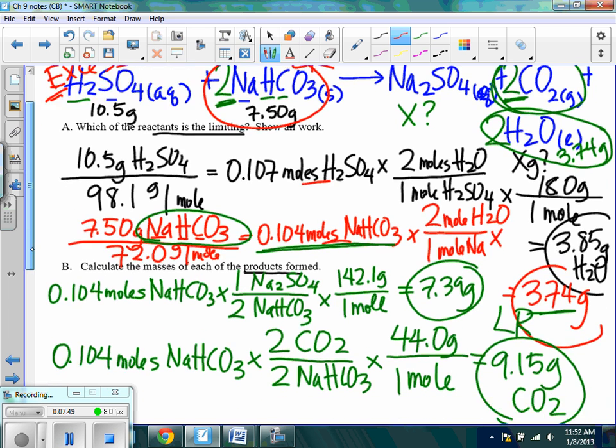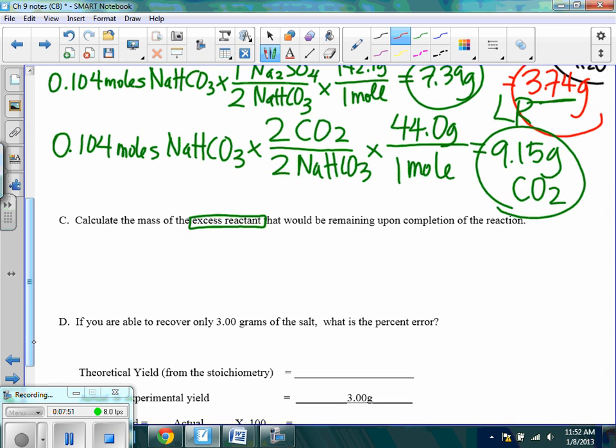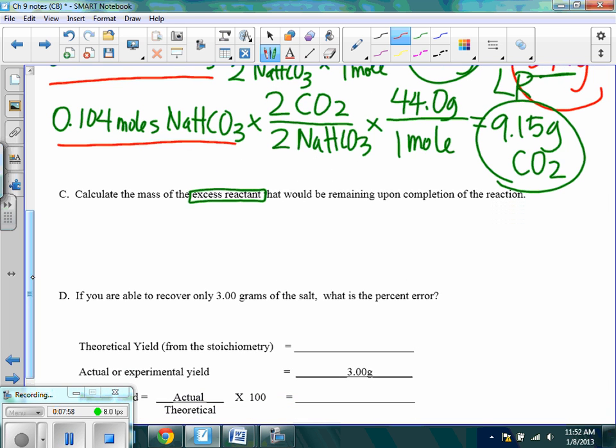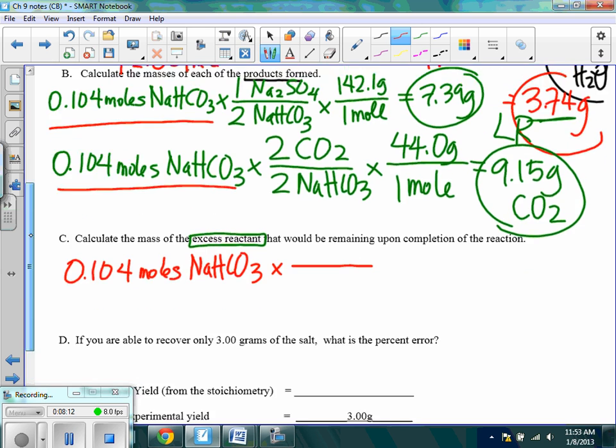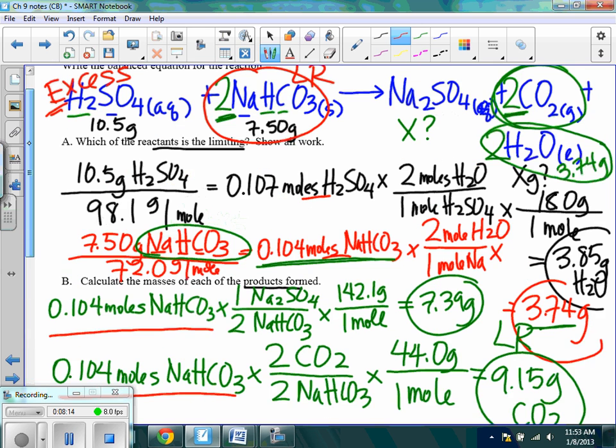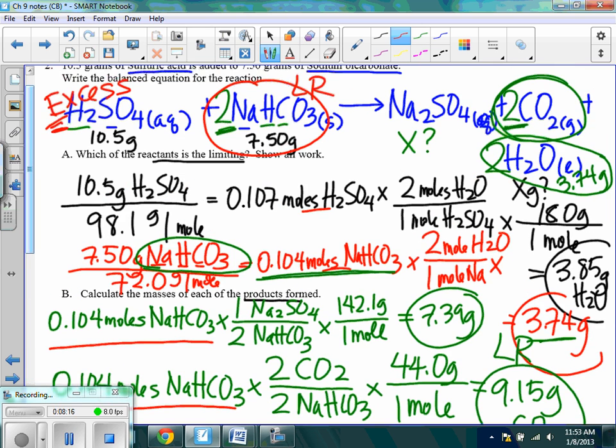So my unknown is going to be my excess now. Again, I started with my limiting reactant there. I'm going to keep working with my limiting reactant. I hope I'm sounding like a broken record right now. I have a couple people in here listening, they all agree. So I have that many moles of sodium carbonate. And my excess reactant is how many moles of that? So this is 1 over 2.